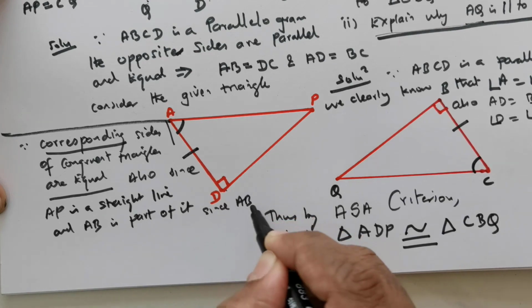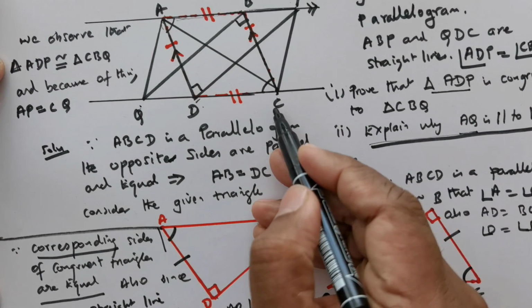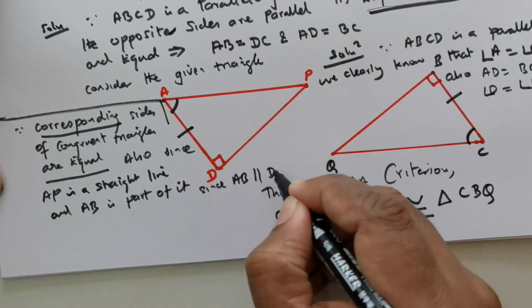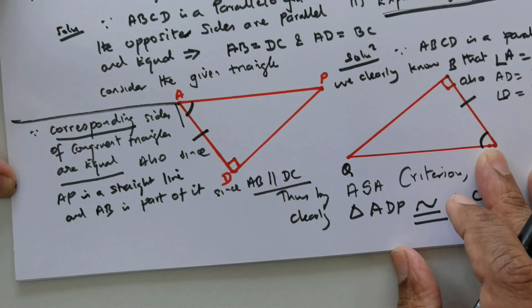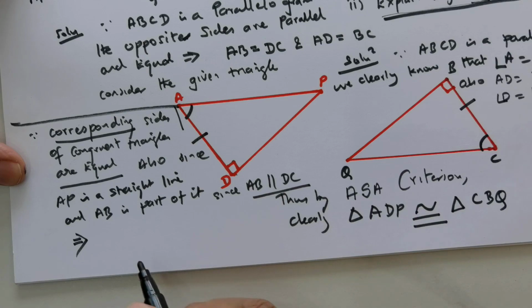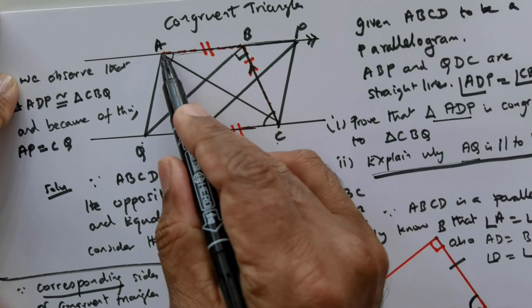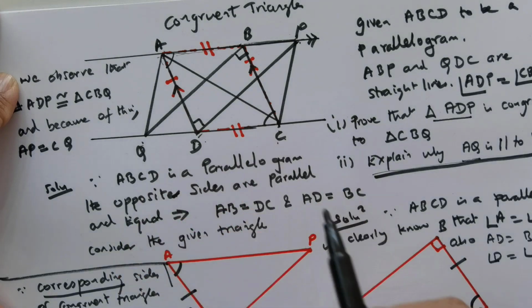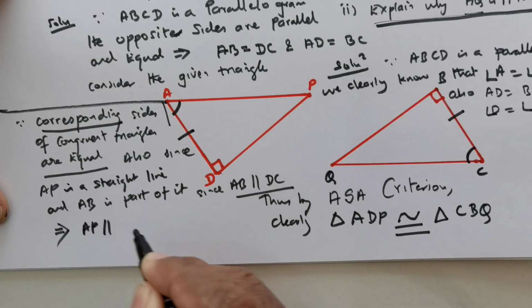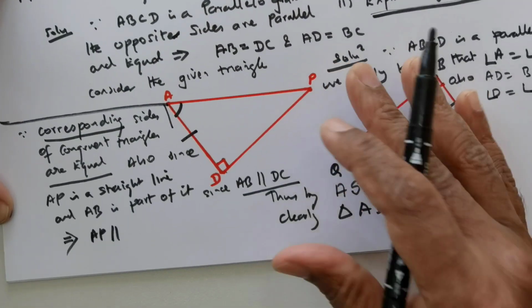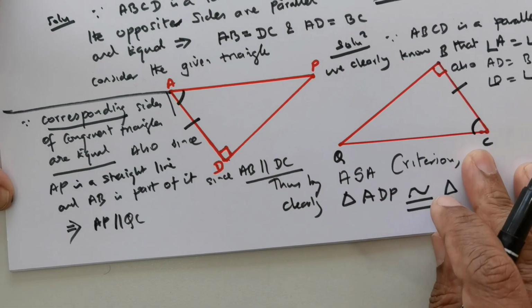Since AB is parallel to CD or DC, what would this mean? This would mean this AP will also be parallel to QC, right? AP is parallel to QC.